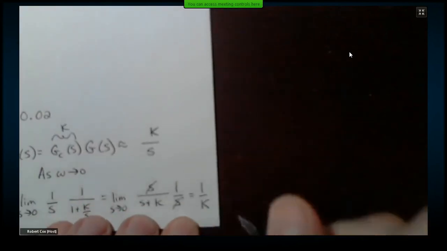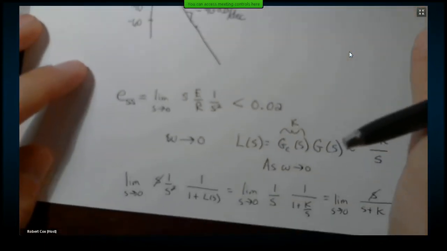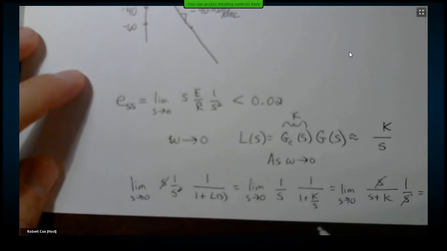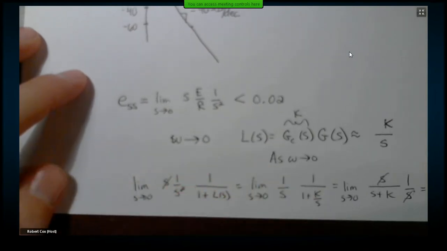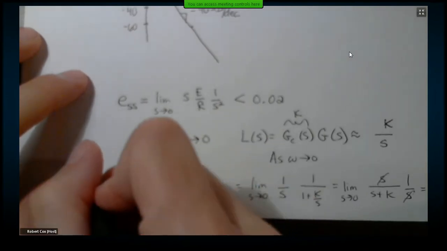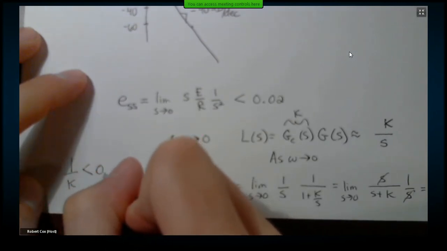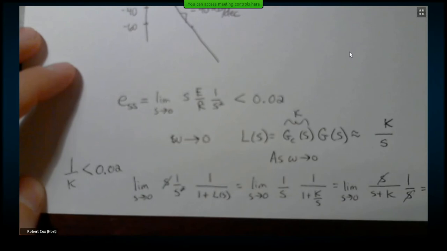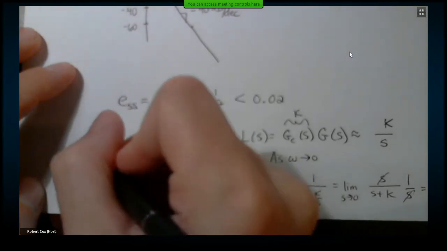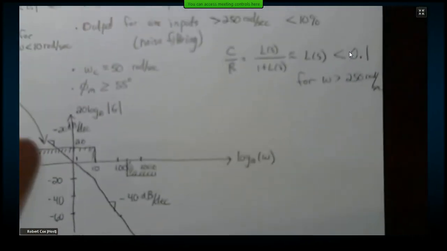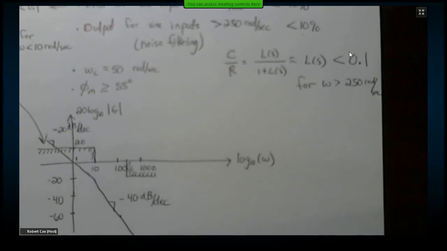This whole thing becomes 1 over k. So since the steady state error had to be less than 0.02, that says 1 over k has to be less than 0.02, or k has to be greater than 1 over that. So k would have to be greater than 50.